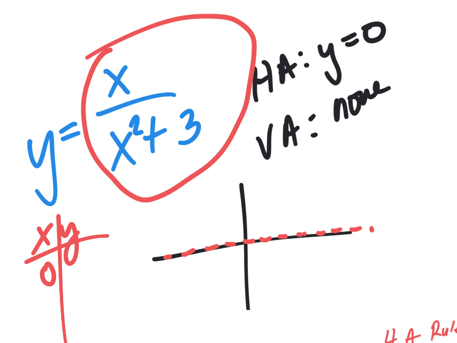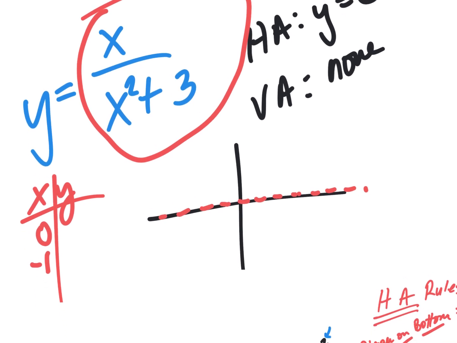You get an answer. And then I'd like you to put in -1. And then I'd like you to put in 1. And I think something's going to freak you out a little bit here. I'll pause for a second. Let me give that a shot.